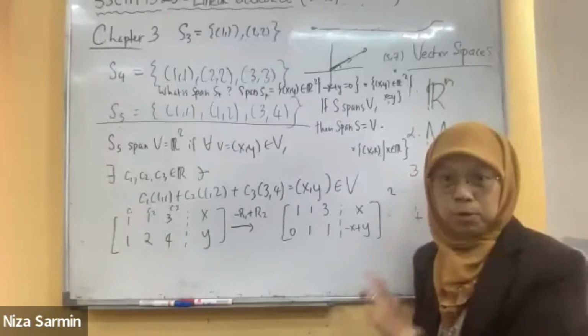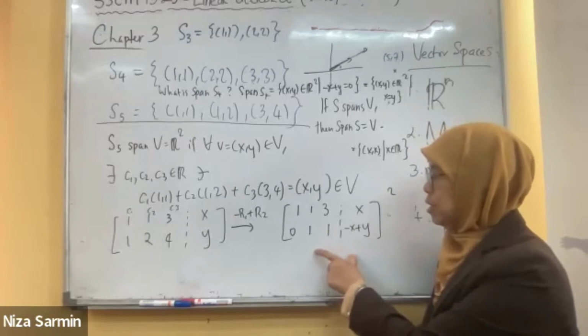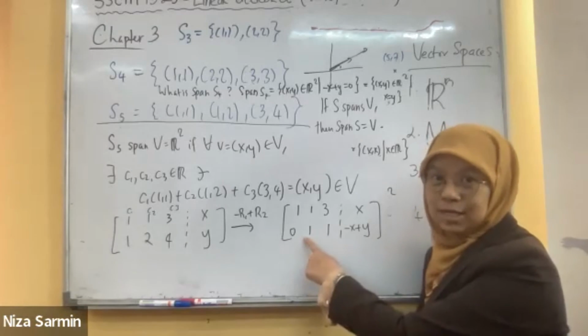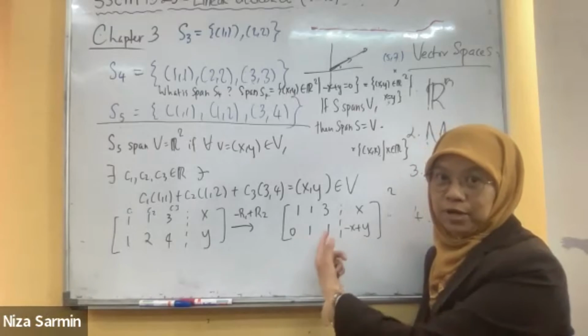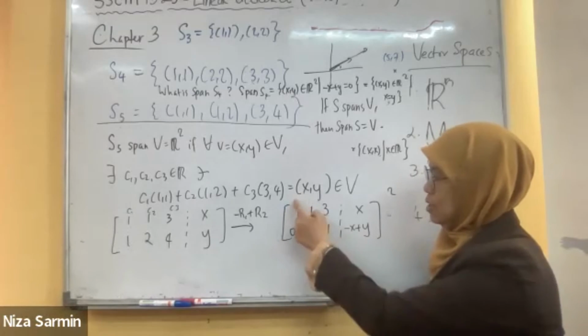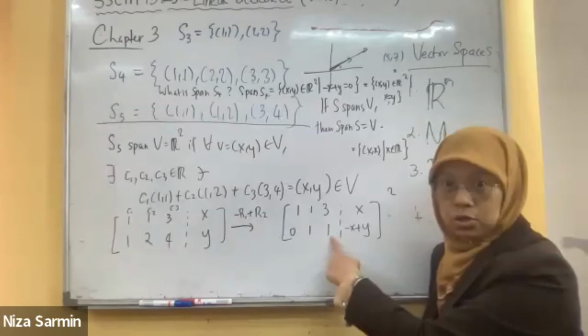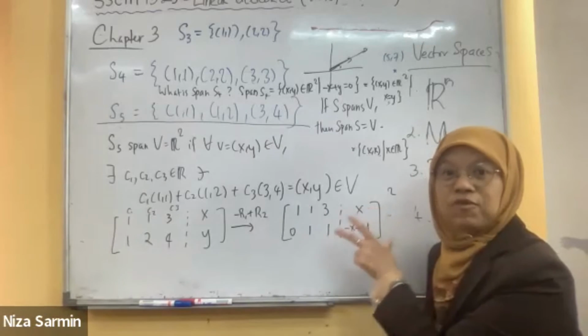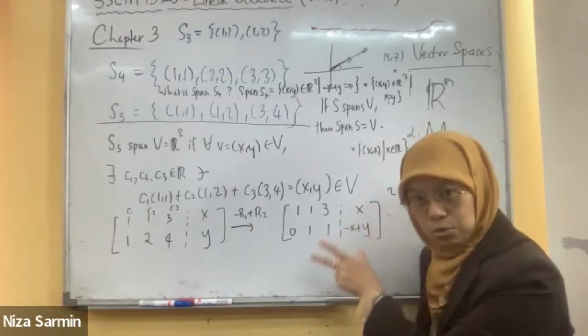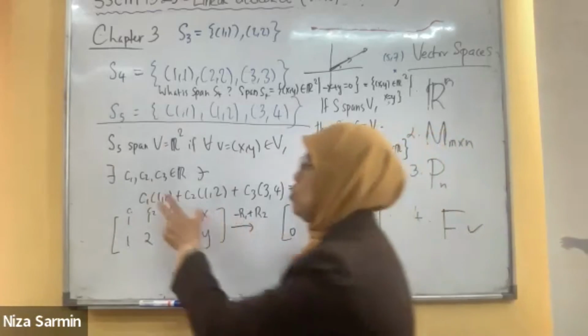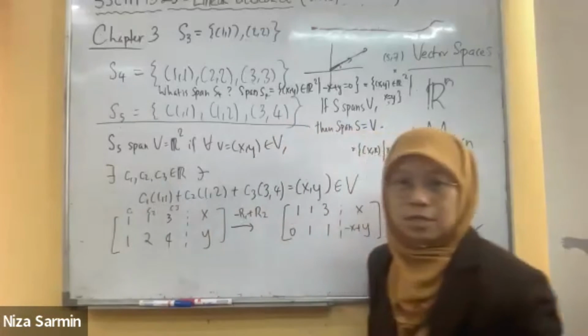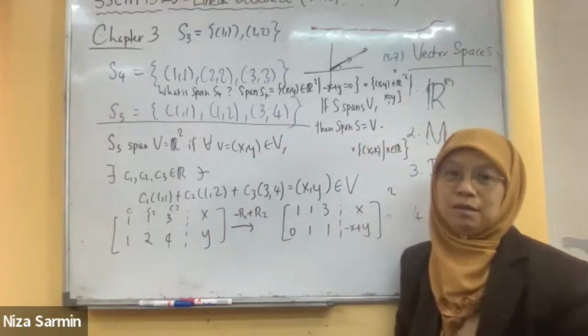Up to this point, you can already see this is the echelon form, right? There is a one here, there is a one here. This is a free variable. So there are infinitely many solutions, but there is a solution. So C1, C2, C3 exist, and it spans.